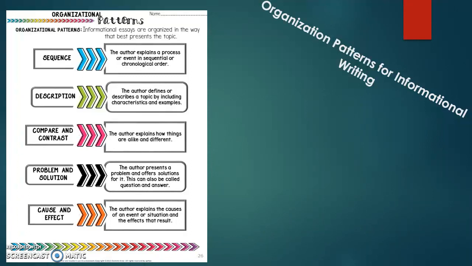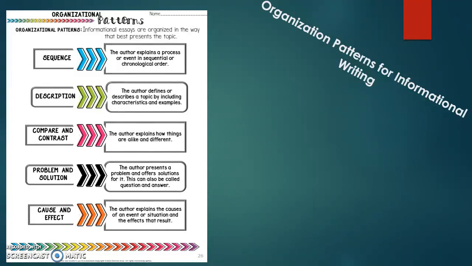If you're telling how to do something, you want to start with what you have to do first, second, last. Those are also sequencing. For example, if you're writing about somebody's life, you probably want to use sequencing to organize your information.